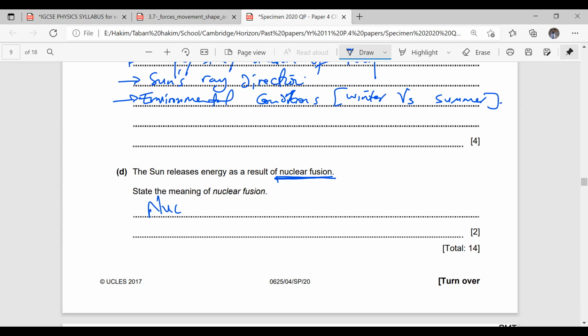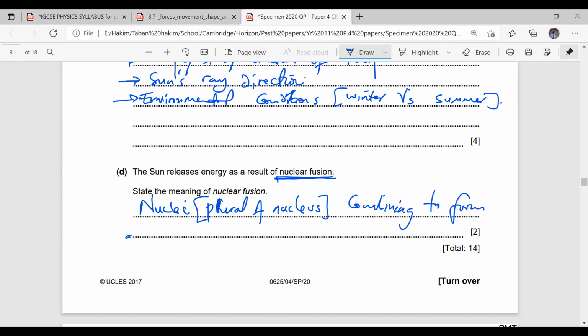The meaning of the word nuclear fusion simply means nucleus or nuclei, which is the plural of the word nucleus, combining to form a heavy, stable nucleus.